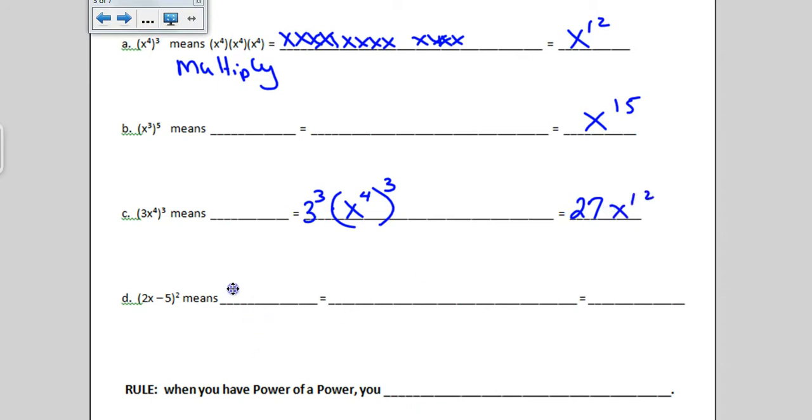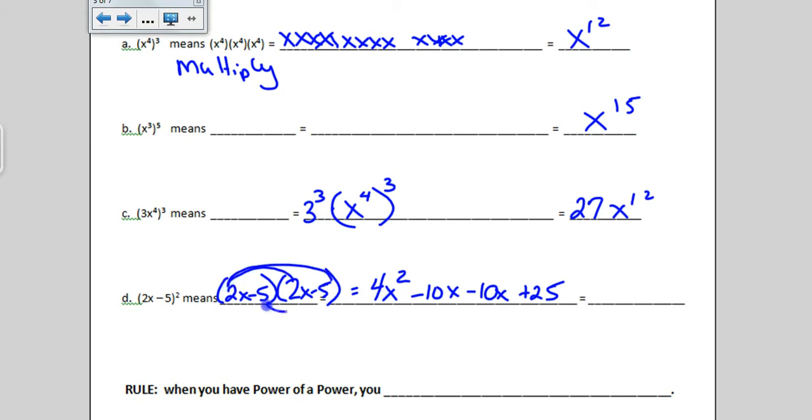Now be careful when you have 2x minus 5 squared. This is a binomial squared, and the ACT loves to give you this problem because half of the children forget it's a FOIL problem. So you really end up with 4x squared minus 10x, and then there's another minus 10x, and then plus 25. We did that by doing first, outer, inner, and then last.